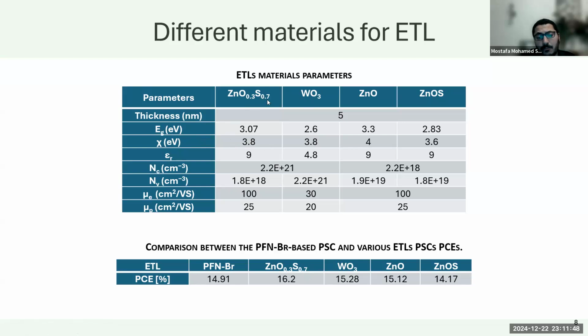ZnO 0.3 S 0.7 is better than WO3 because the mobility of the electrons is higher, more than 3 times that of the WO3, which is 100 versus 30. And also the mobility of holes is 25 versus 20.